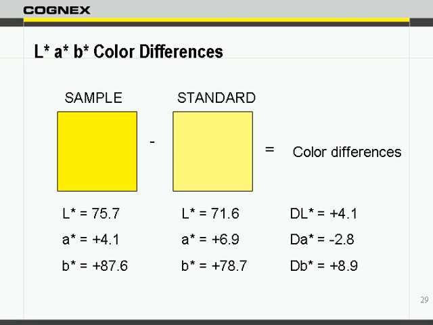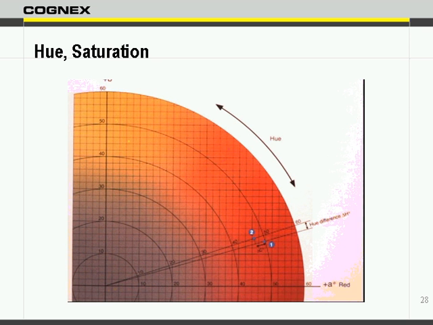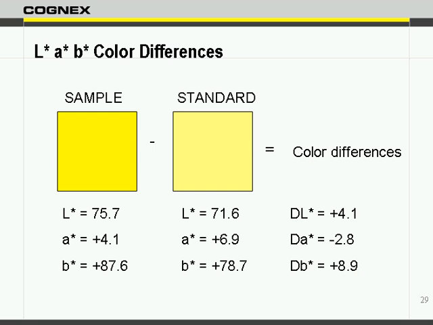A and B change a little bit. It's a negative change for A and a positive change for B. So we have less A content, more B content. That change would also give us an angle change, which would be the delta H if we were to use LCH instead of LAB.